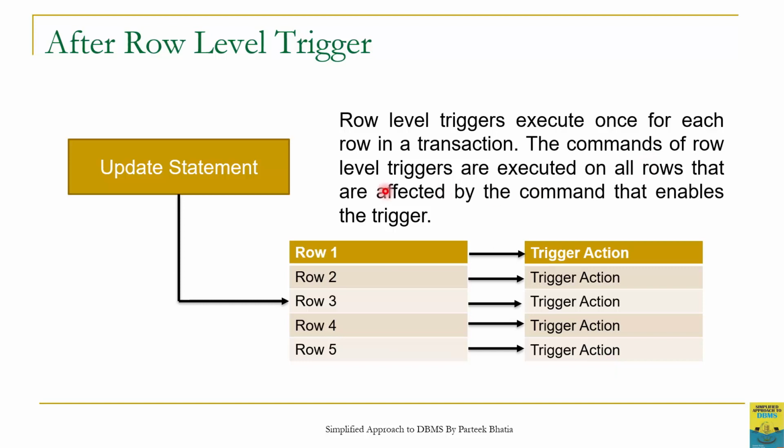The commands of a row level trigger are executed on all the rows that are affected by the commands that enable the trigger. So if this DML statement affects 100 rows, then the trigger action will be performed 100 times. We can conclude that the trigger action is performed once for each row affected by the corresponding DML statement.